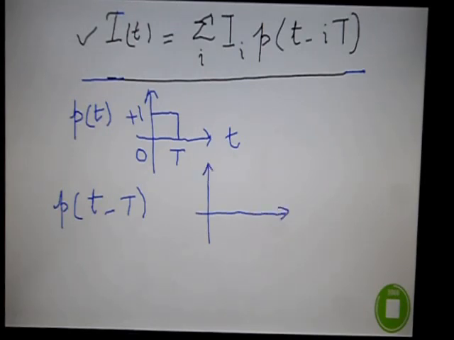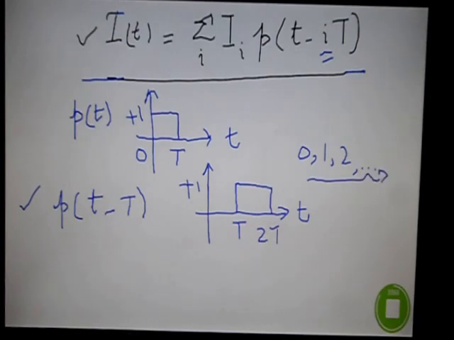If you delay this by one time interval, from T to 2T, you get p of t minus T. Now what does this i mean? i is just an integer. It can be 0, it can be 1, it can be 2, and so on. So for all the integer values we need this summation.